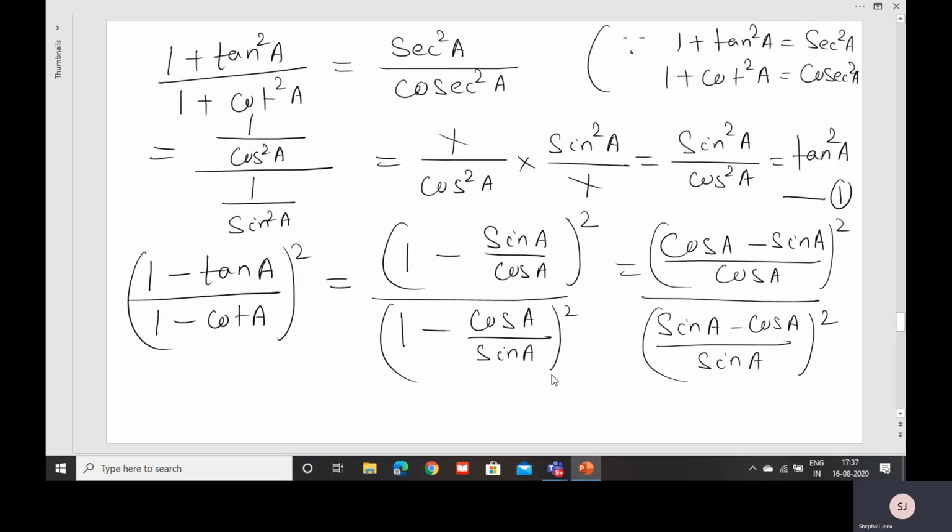Okay, now you should evaluate. This is sin A minus cos A, this is cos A minus sin A. So one minus will be taken common.